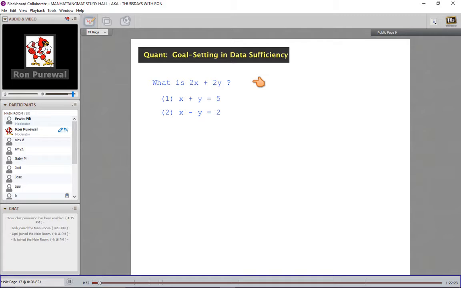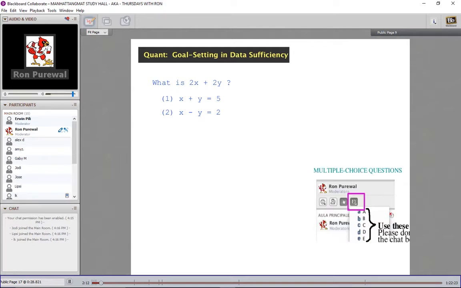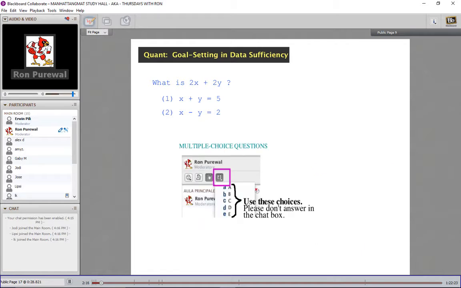Just look at that for 10 seconds, and then, just to make sure we're on the same page, go ahead and indicate what the answer to that question is using these choices. I'll give you like 15 or 20 seconds to do that.